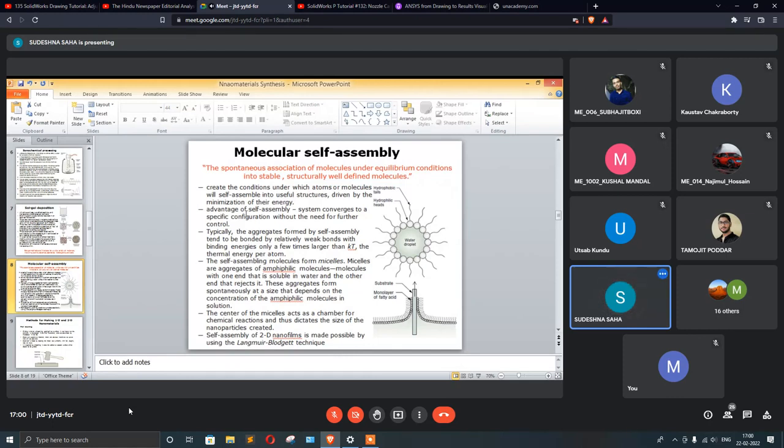Molecular self-assembly is already available in nature, and there are many different applications of it.